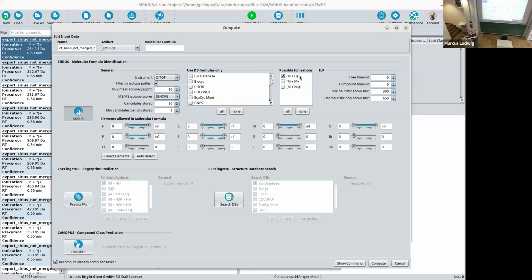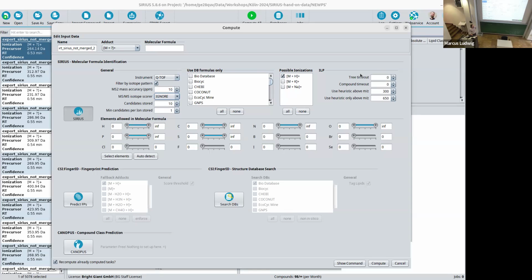If you think it was a water loss, we only consider this for searching in a structure database, because if you annotate molecular formula, we cannot really decide from the MS2 if this was an in-source water loss from your precursor, because this is the information in the MS1. That's why, if we want to annotate a precursor molecular formula, at this stage we only decide if it's a protonation or sodium, but not if there was a water loss in there.